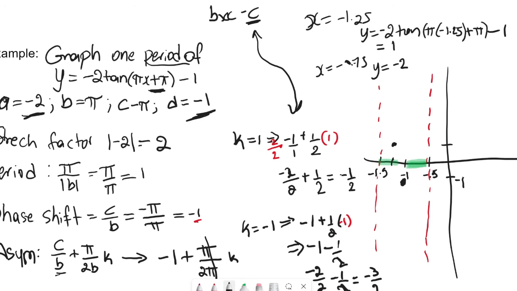Negative 2 times tan of pi times negative 0.75, plus pi, minus 1. And again, you can plug that into your calculator and you will get that y is equal to negative 3. Make sure if you're using your calculator, make sure your calculator is in radians. Okay, so this would be negative 3. So it will be here.